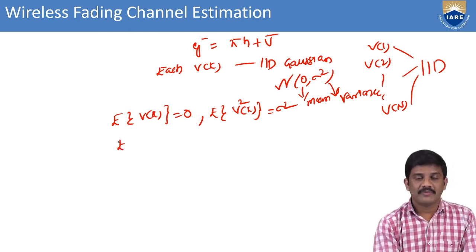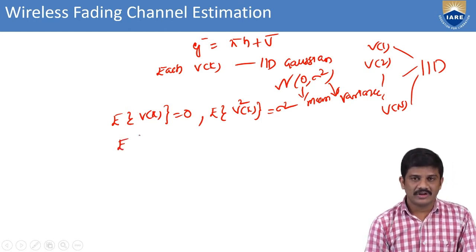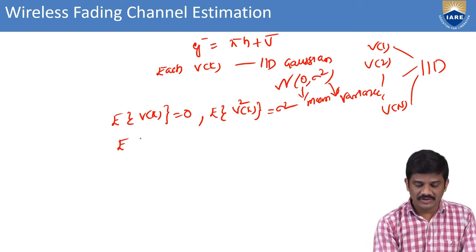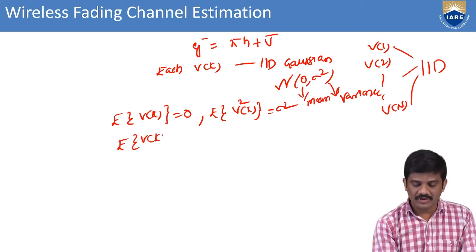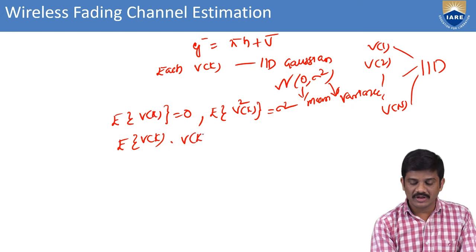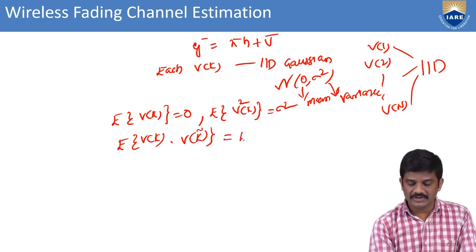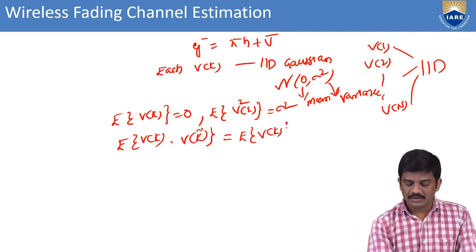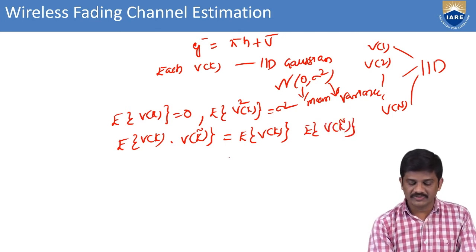Then we can write individually, for example, taking two noise terms, the expectation of v of k times v of k tilde.